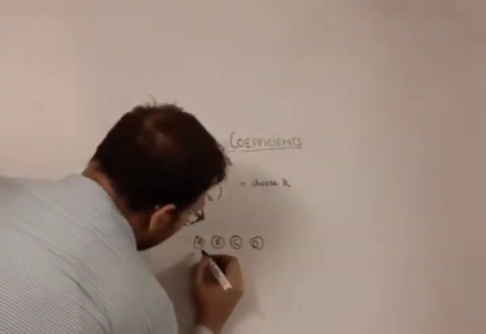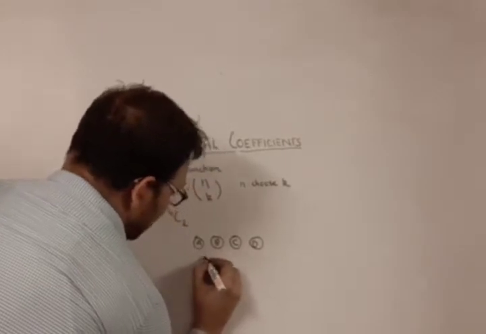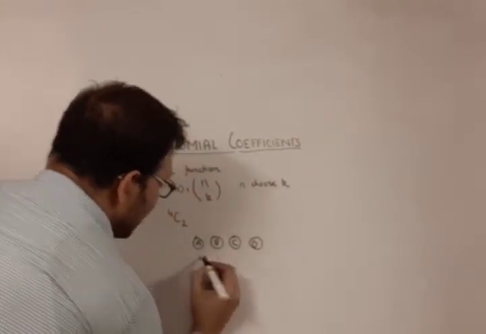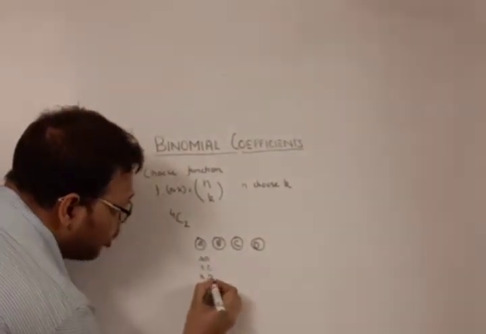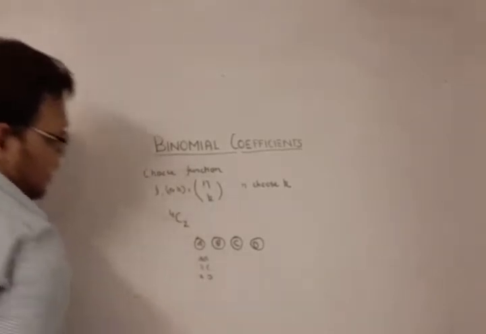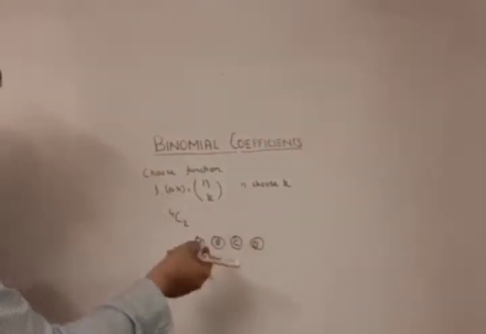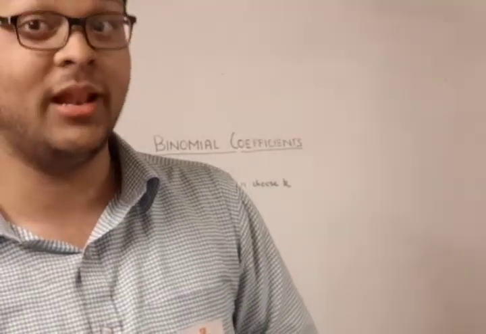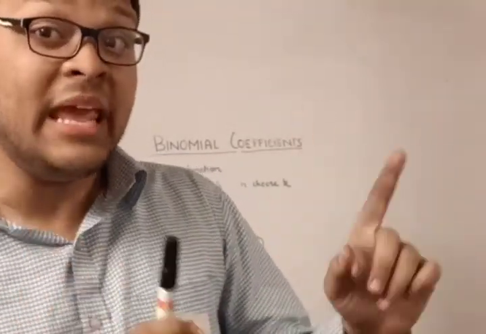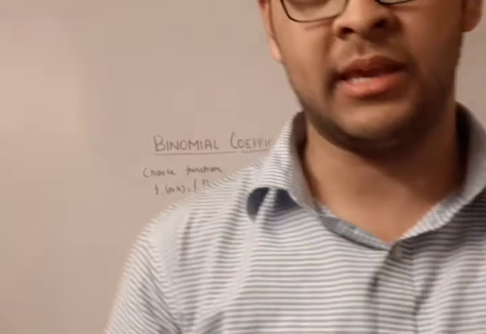I can pick A, B, A, C, A, D. These are the only possible choices with A. Remember that picking BA is considered the same as picking AB in this function. Later I'll introduce you to another function which will say that picking BA is not the same as picking AB.